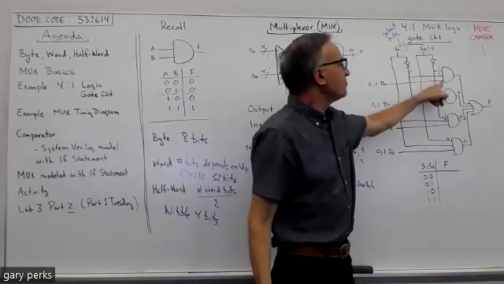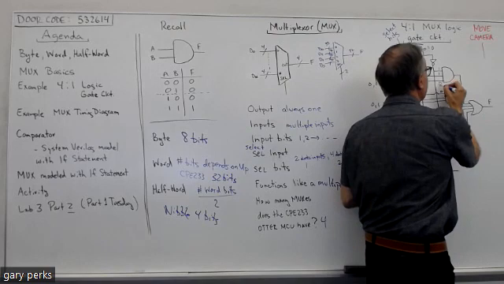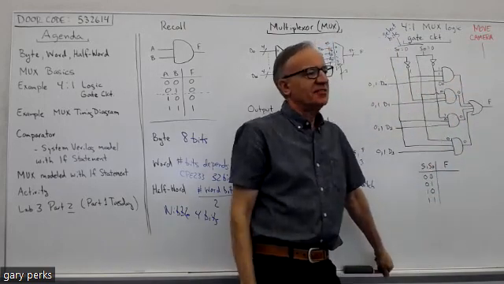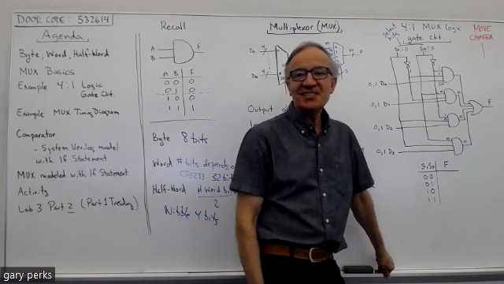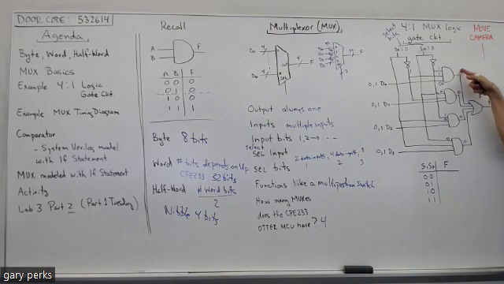So, this is our D0. What's going to be at the output of that top AND gate? Yeah, whatever D0 is, right? Because if D0 is a 0, it'll make the output a 0. If D0 is a 1, it'll make the output a 1. So you see the output here is going to be D0. And now going into the OR gate, you have a 0, 0, 0, and D0.